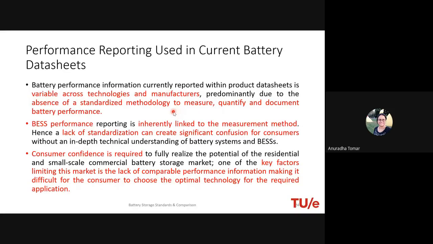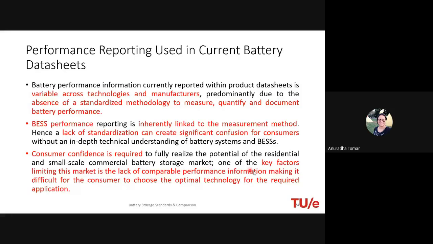There is also a lack related to the measurement method, because there is a lot of impact based on the kind of method that you are using for measurement. And consumer confidence is required to fully realize the potential of the residential and small commercial battery storage market.